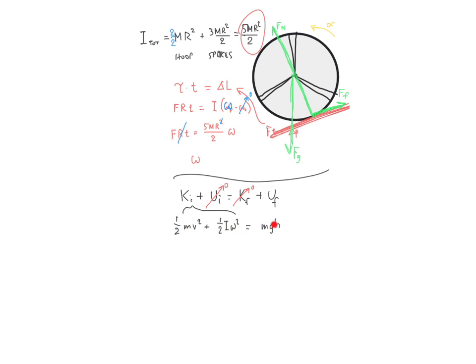Because notice right now the M doesn't exactly cancel out. When you plug in the inertia equation, so I'll do this middle term first right here. This is going to be 1/2 times 5/2 big M, big R squared, or in other words, 5/4 mr squared.